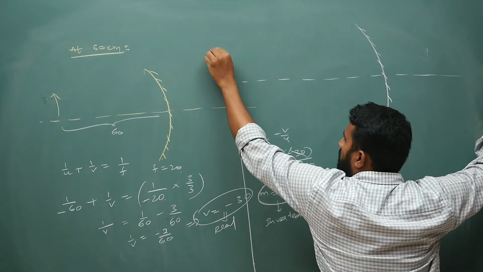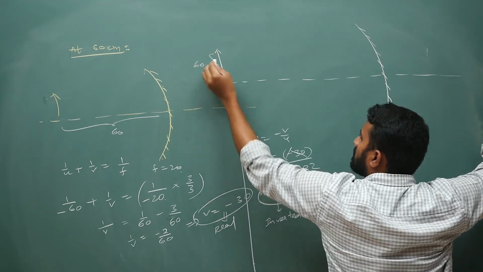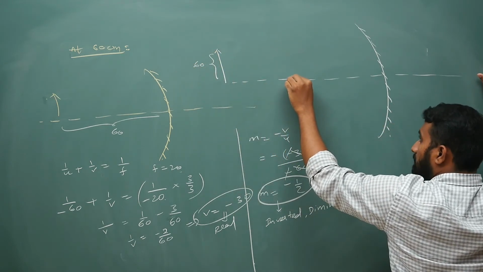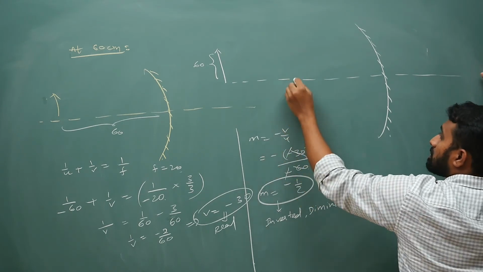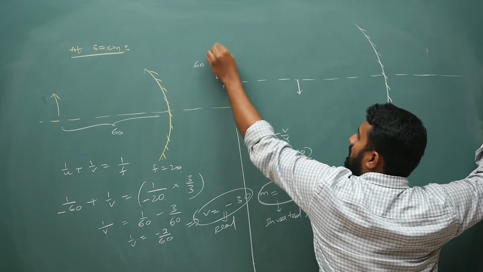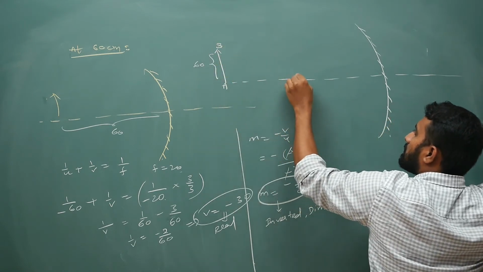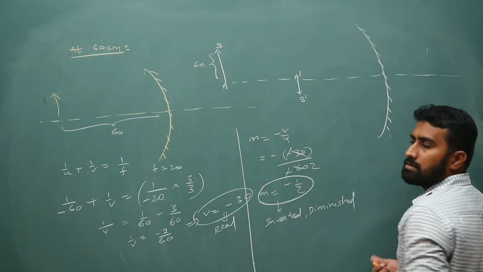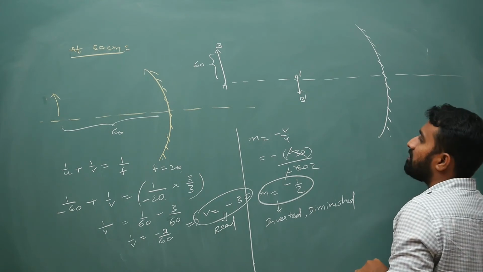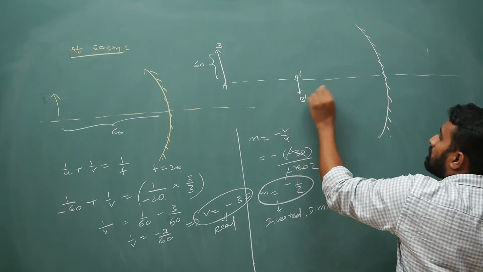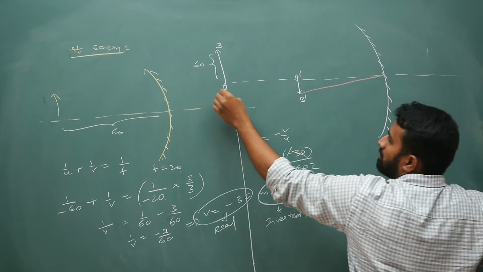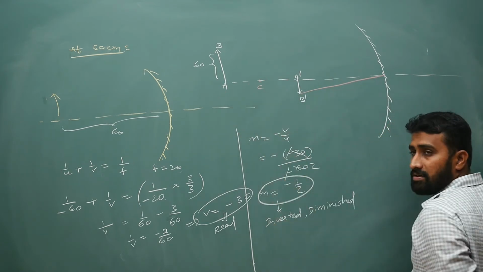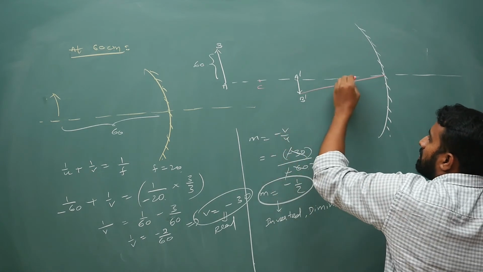So you have the object at 60, the image at 30, and it is diminished. So if it is AB, it is some A dash B dash. Laws of reflection must hold. So this will act as the normal, because from the center, somewhere you will have your center at 40. So this will act as normal.